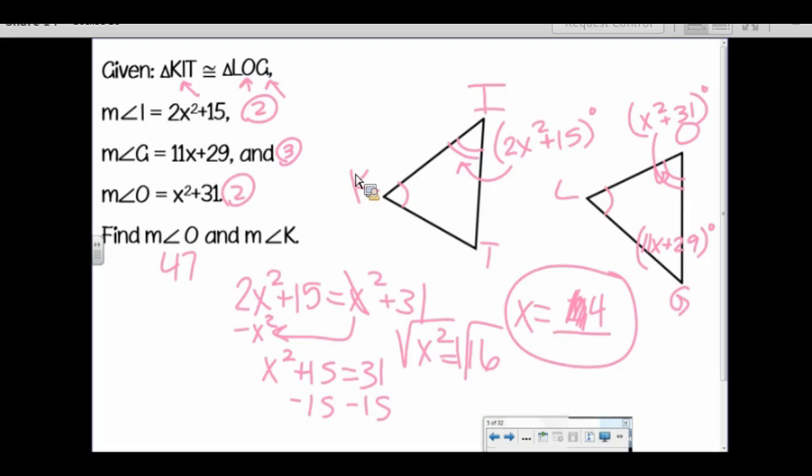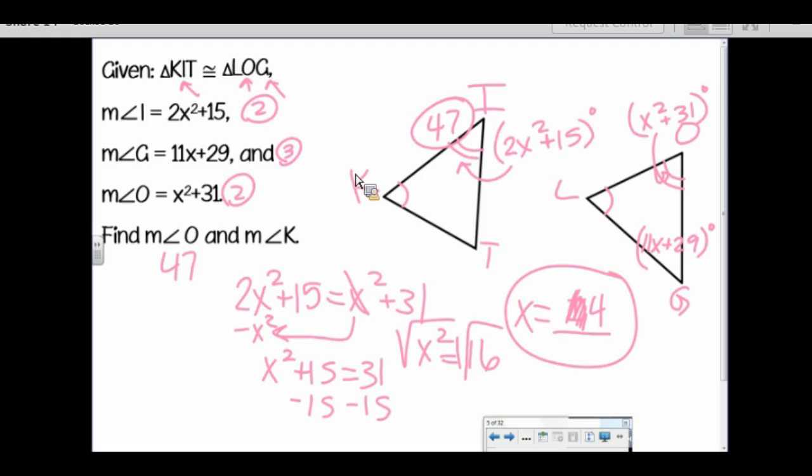47 degrees. And angle K, wait a minute, angle K was not one of the ones listed. Angle K is listed first. It's actually not even congruent to any of the ones listed. So we need to plug it into O, which we already did. O matches with I. So this one's 47.